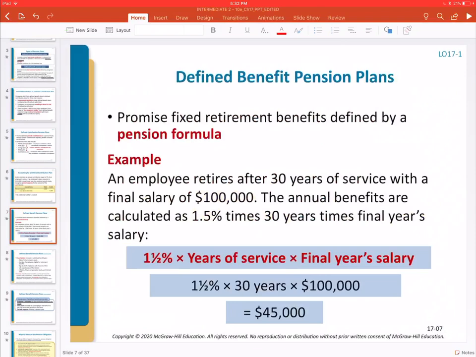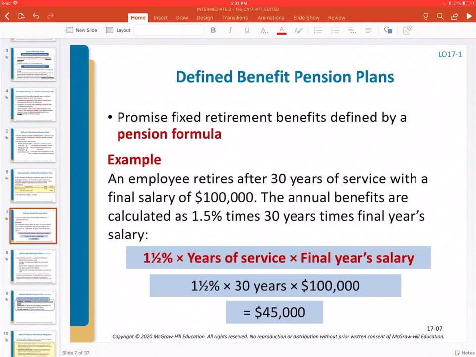the majority of the rest of the lecture, what we're focusing on is the type of plan where, instead of the company promising to make periodic contributions to a fund that is managed by the individual employee, the company is essentially promising a fixed retirement benefit once that employee retires.